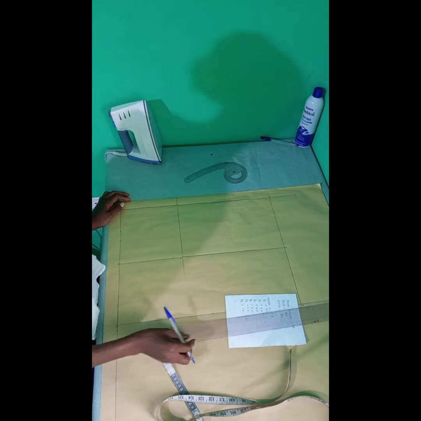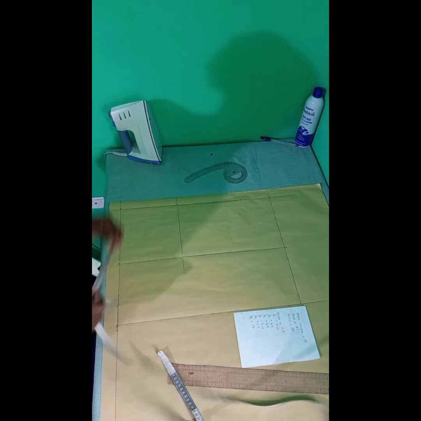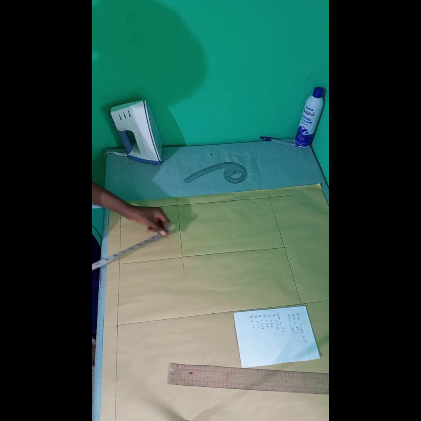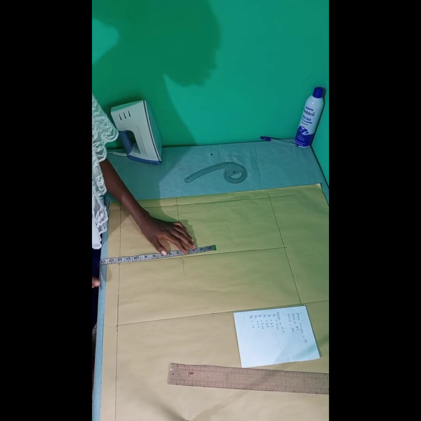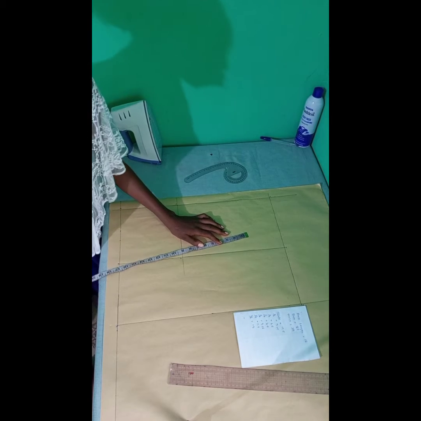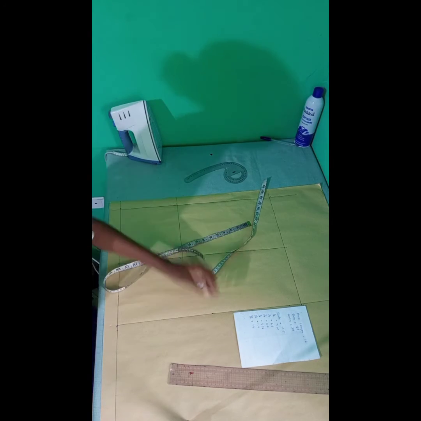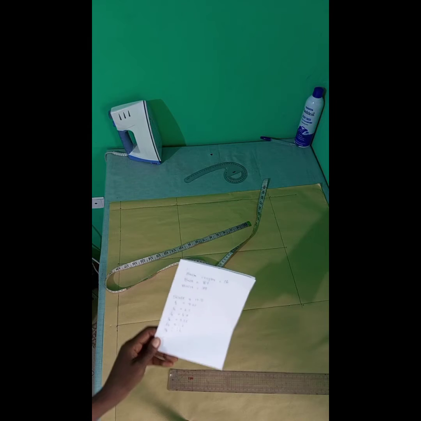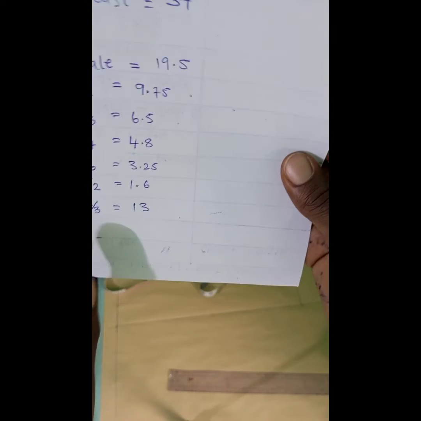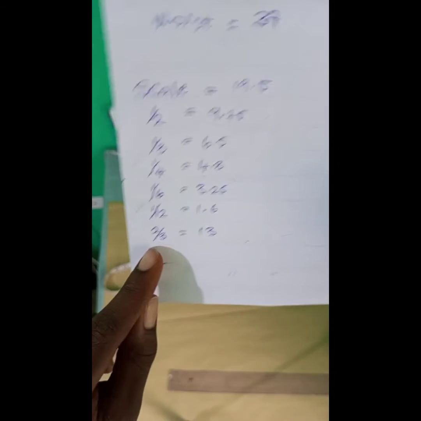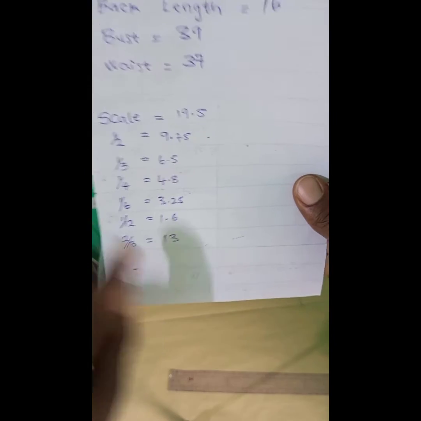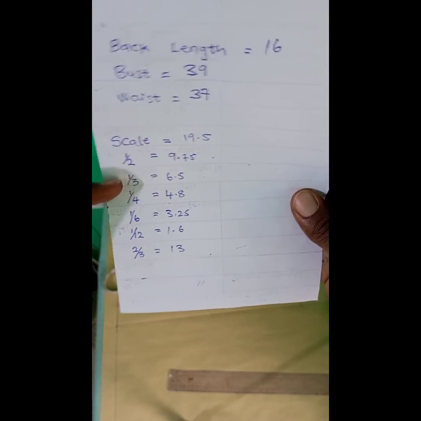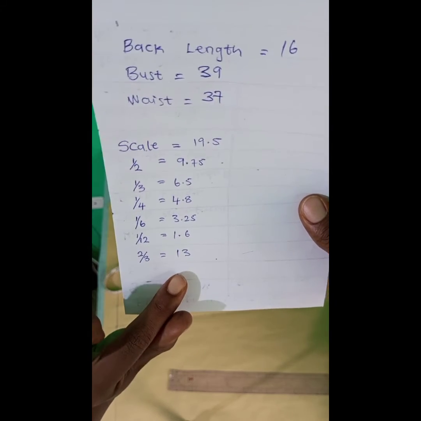Now, we'll start on point E again, and we're going to be marking out 2/3 of our scale measurement. Remember, this 2/3 is the scale divided by 3 times 2, which is 13 inches.